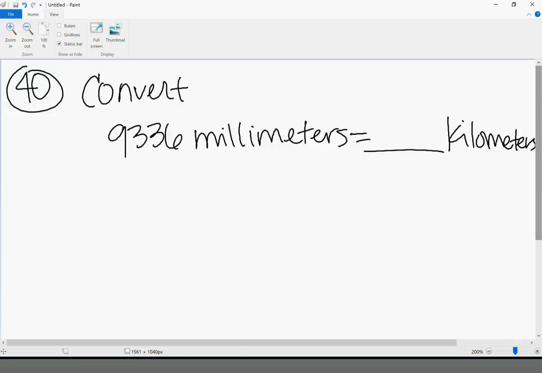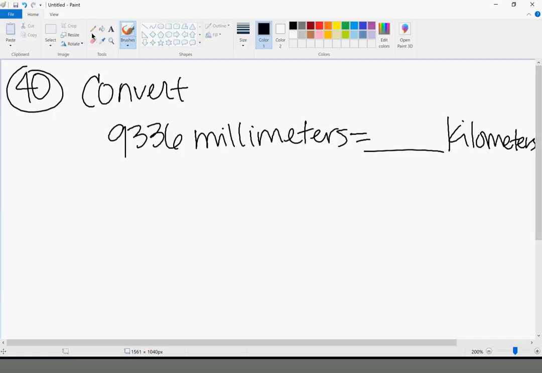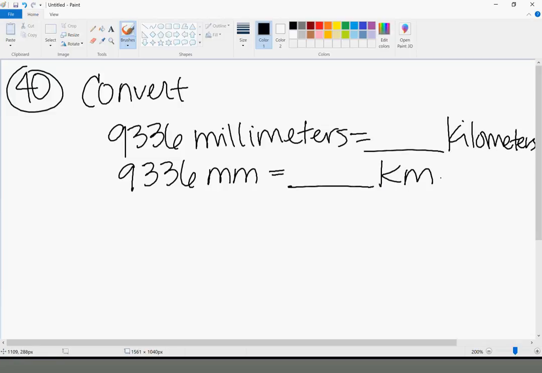Okay? Alright, so we are given a few things. And let me use some abbreviations here. So this is 9,336 millimeters equals how many kilometers? Okay, so this is what they give us on the side.